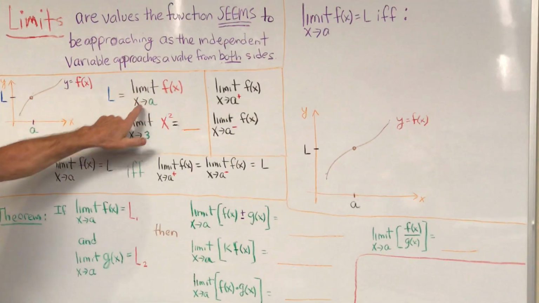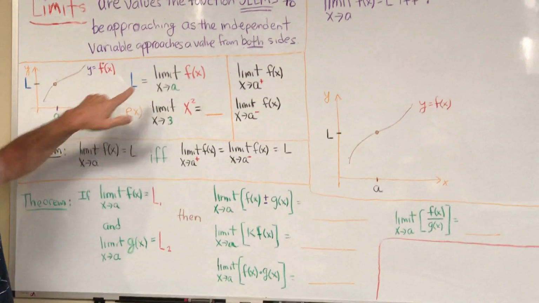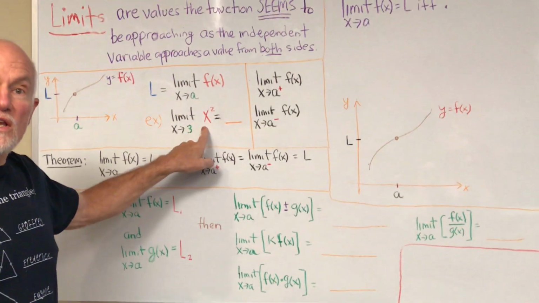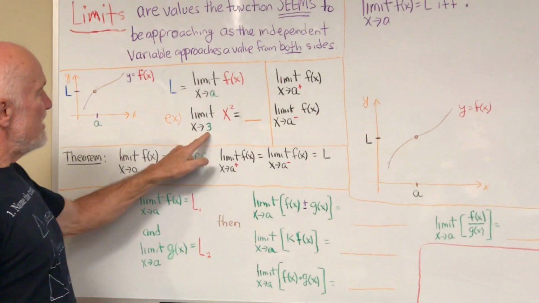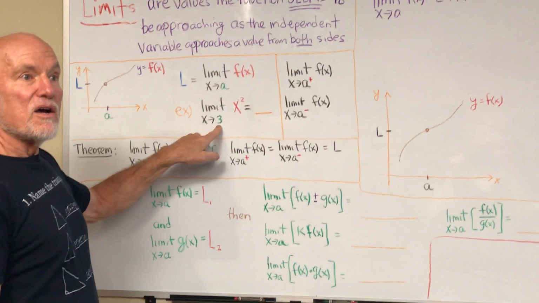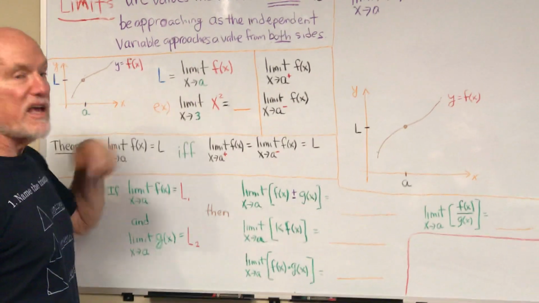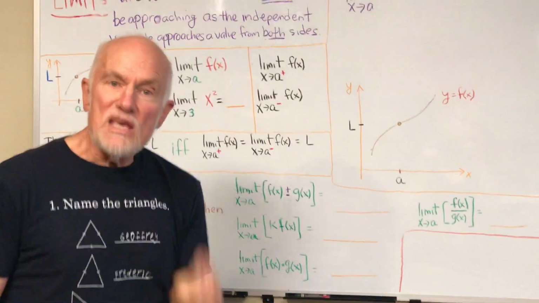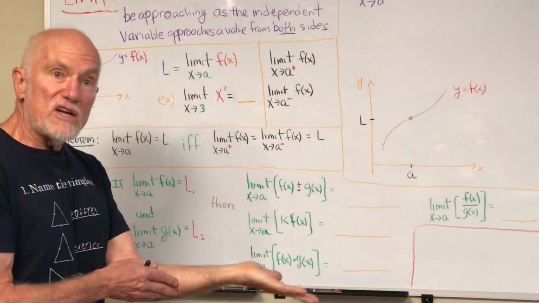You're saying the limit as x approaches a of f of x, and the answer is the limit, or L. So, if in place of f of x we put the function x squared, and in place of a we say the number 3, what is the limit as x approaches 3 of the function x squared? What does x squared seem to be approaching as x gets close to 3 from both directions?